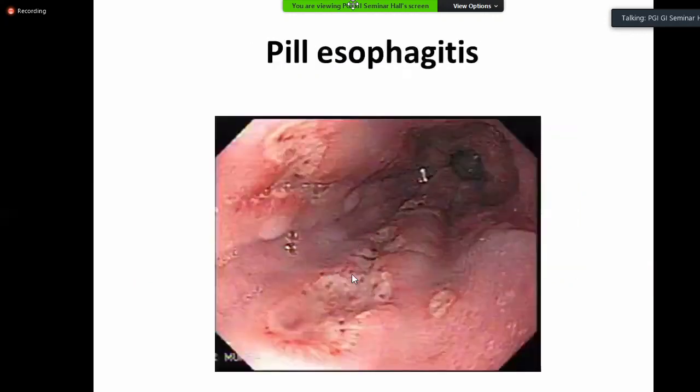Pill esophagitis is again, how important is the history? You have a patient with odynophagia, you do endoscopy, and find these lesions. You cannot interpret unless you have taken the history of doxycycline, NSAIDs, aspirin, or drugs which can cause pill esophagitis.